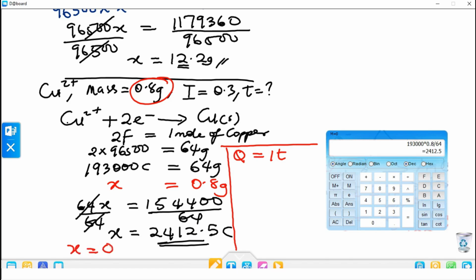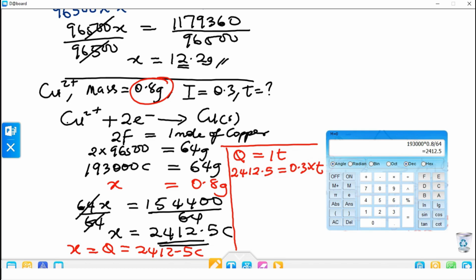So X is Q, the quantity of electricity that has passed through, 2412.5 coulombs. So 2412.5 coulombs is equal to IT. Our I is 0.3 times T.